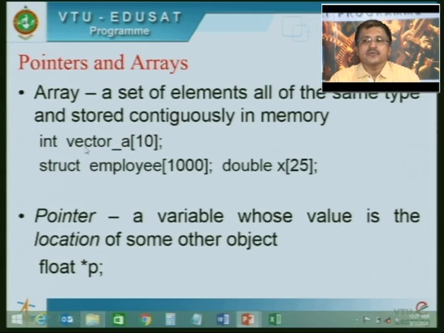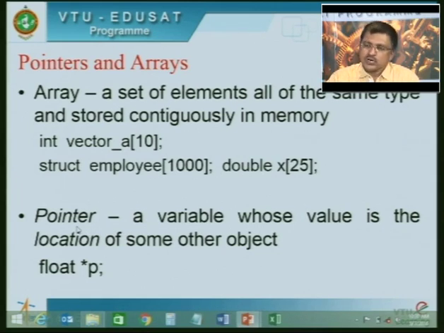It declares an array named vector_a of 10 locations, and each of those locations can hold an integer. Similarly, you can also declare an array of a user defined data type. So, struct employee [1000], I forgot to mention the type, you should mention a data type. Then double x[25].